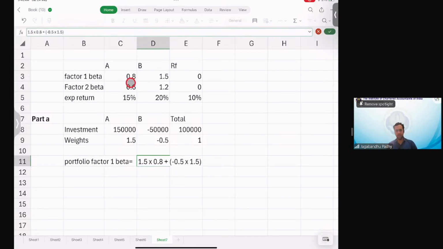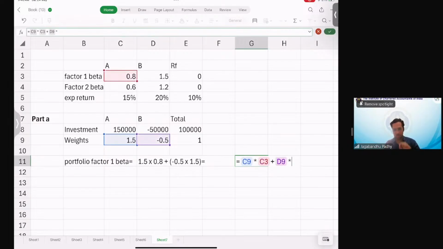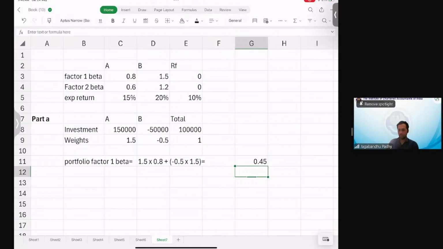So their respective weights are assigned, which is 1.5 and minus 0.5. This should be giving us the answer as 1.5 into 0.8 minus 0.5 into 1.5, which is 0.45.